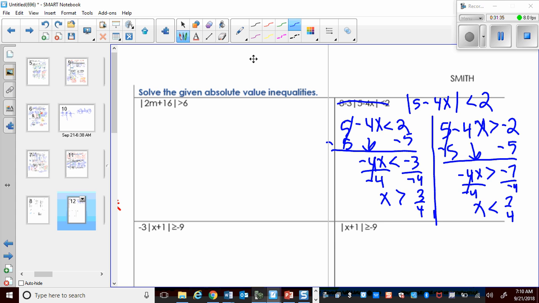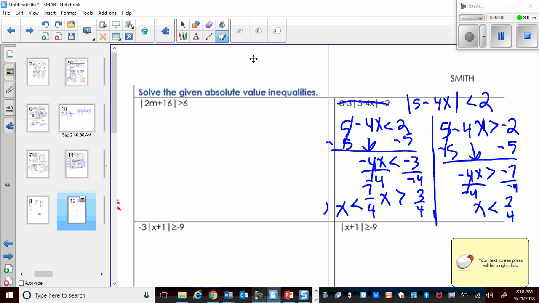So what does this say to me? It's saying that x is greater than 3 over 4. It's also saying that x is less than 7 over 4. So what does that look like? You could actually put these together.